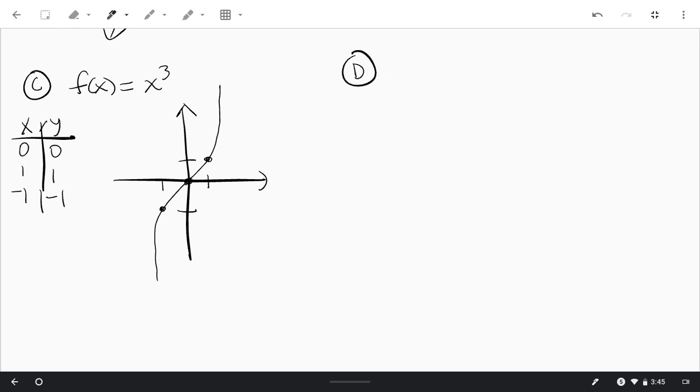Okay, let's take a look at 2 more, the absolute value graph and the square root graph. All right, so here f of x equals absolute value of x. So here also good choices, 0, 1, -1. When we plug in 0, we get 0.